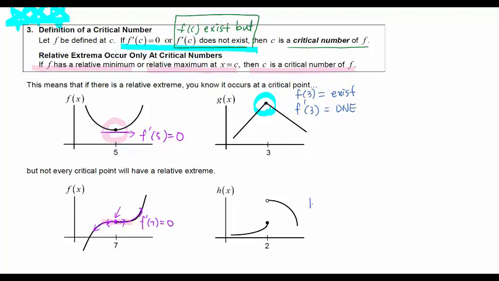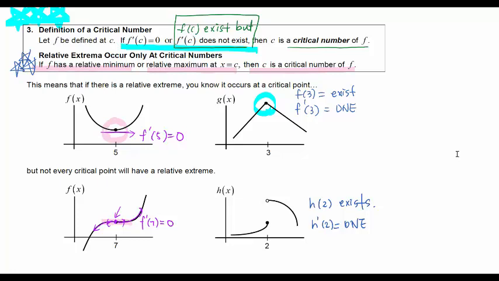Now, h of 2 exists, right? It's right here. However, h prime of 2 does not exist. How come? Well, this function h has a jump discontinuity at x equals 2, and therefore it is not continuous at x equals 2. And when the function is not continuous at a point, it is not differentiable at that point.